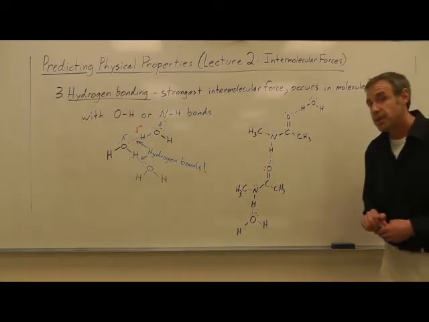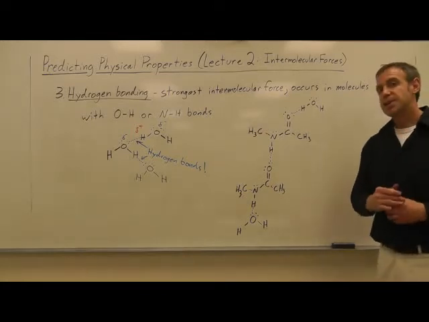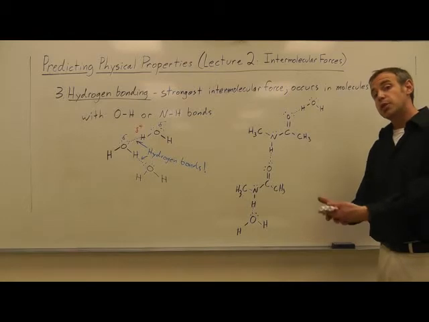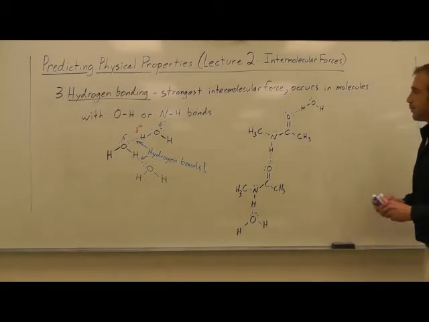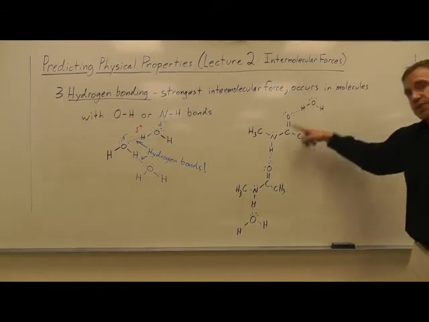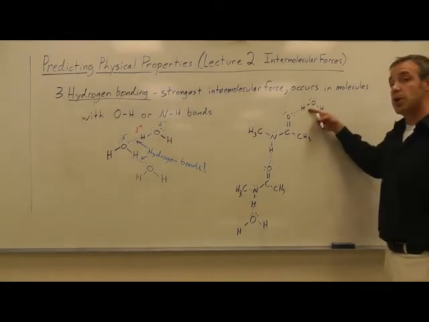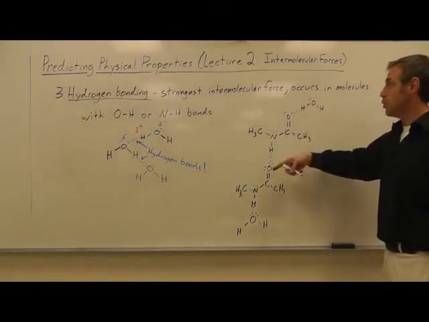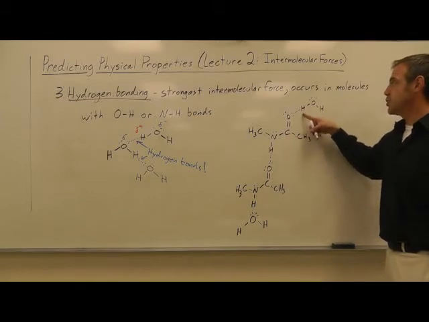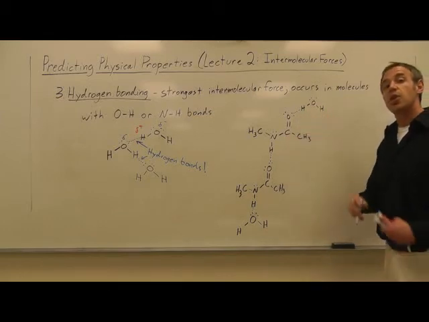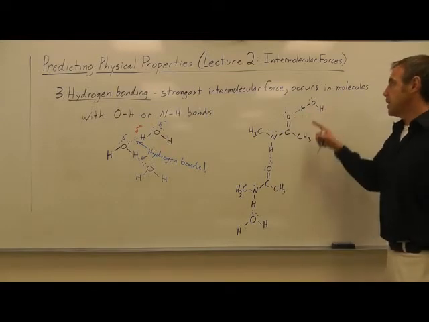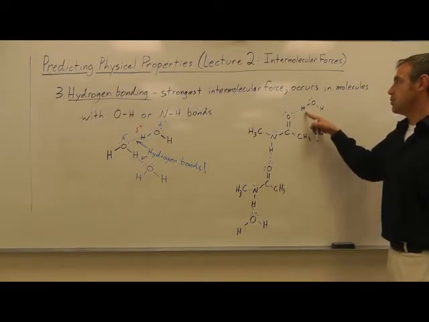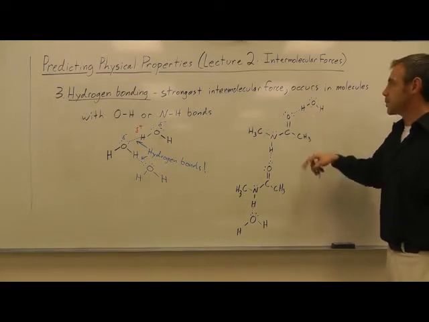For hydrogen bonding, you'll always have a hydrogen bond donor and a hydrogen bond acceptor. The way this is drawn here, this water molecule would be the hydrogen bond donor because it's donating its hydrogen, or its hydrogen is involved in the hydrogen bond. And so this would be the hydrogen bond donation, or the donating bond.